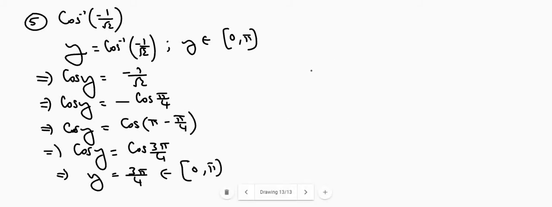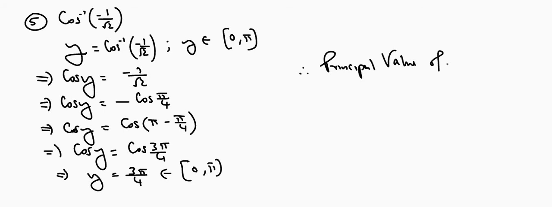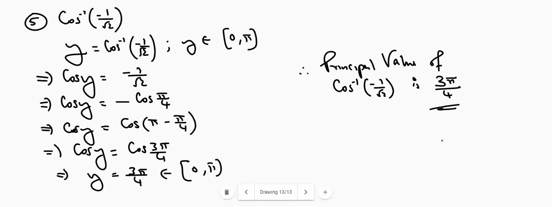Therefore, the principal value of cos inverse of minus 1 by root 2 is 3 pi by 4.